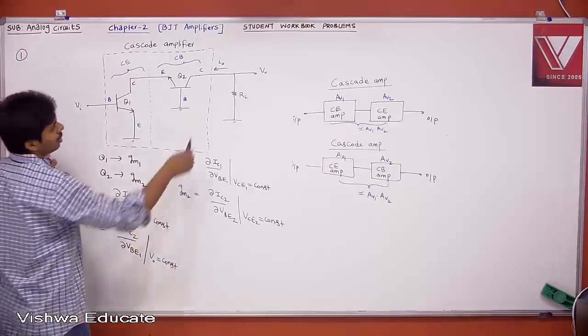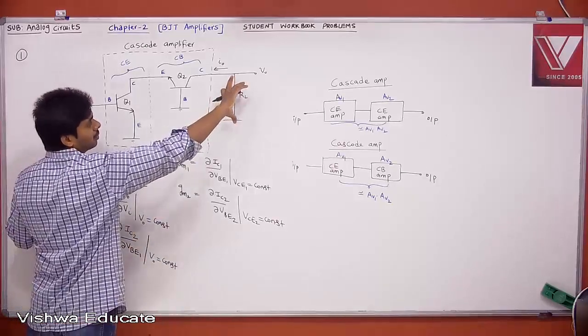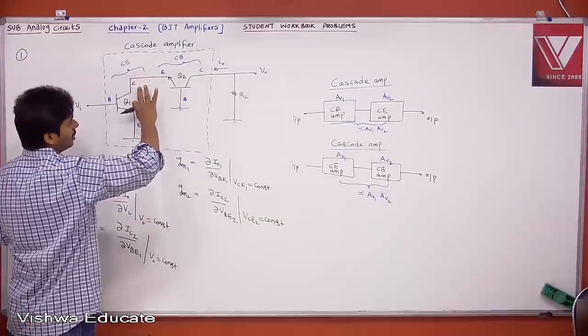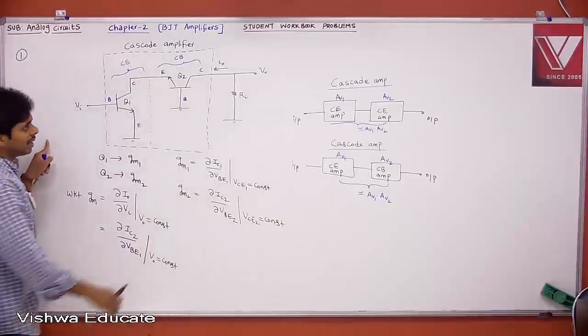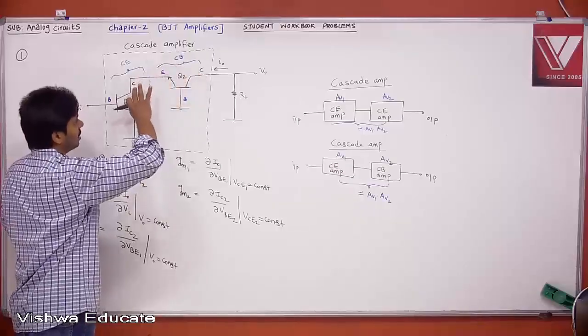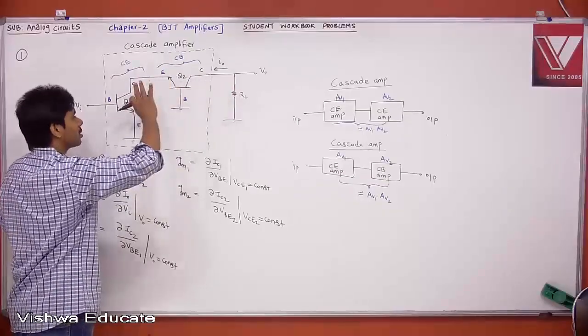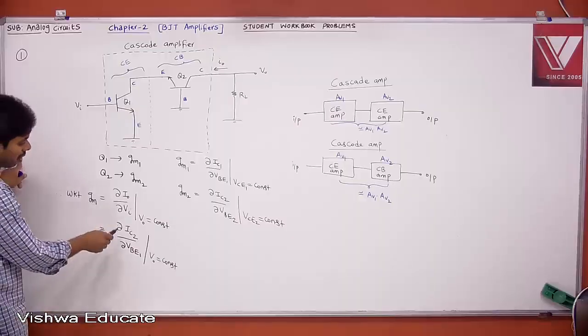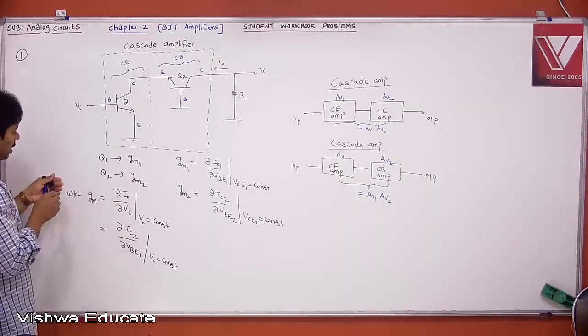If you apply KVL, what is V0? This voltage is equal to VCE1 plus VCE2. If you take V0 constant, approximately VCE1 is also constant, whatever it may be. Tell me what is IC2?